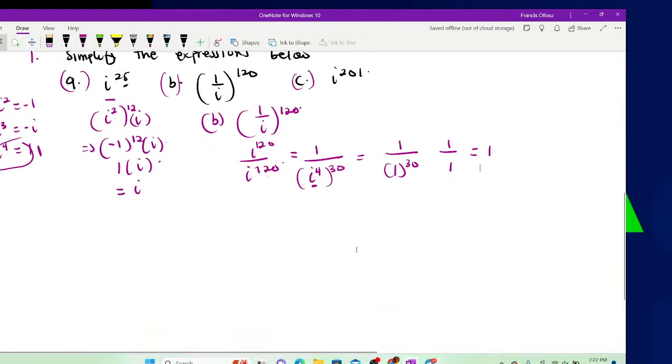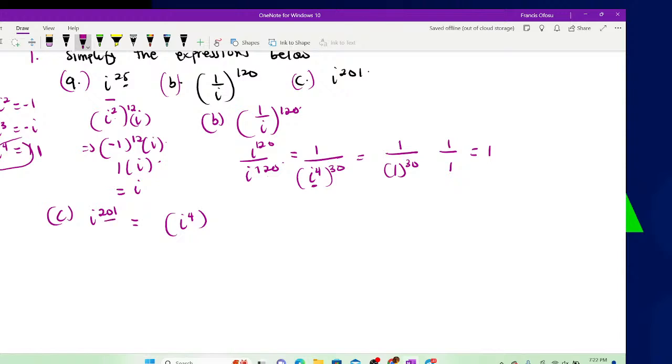Now let's see the last part, C. The C, which is i to the power 201, is equal to i. Let's take the same power 4. Then you ask yourself, 4 times what number is going to give us 201, or approach 201? We can say 50, right? Because 4 times 50 is 200.